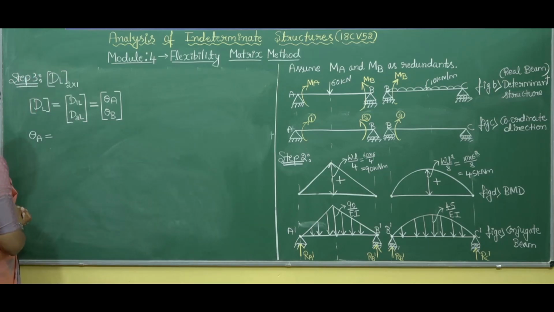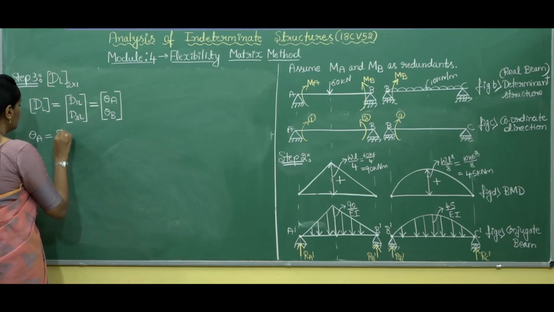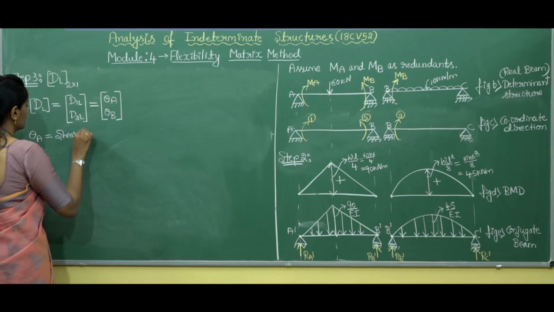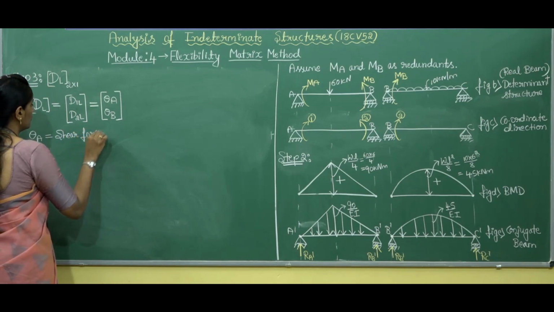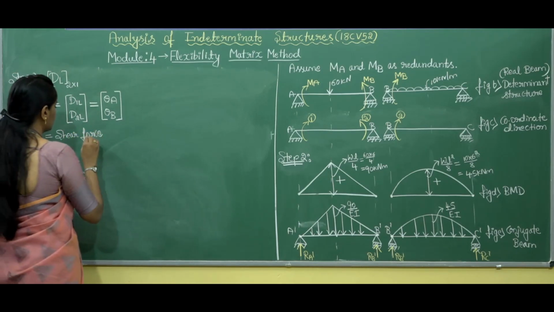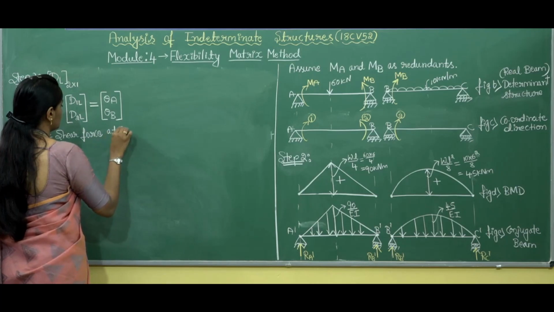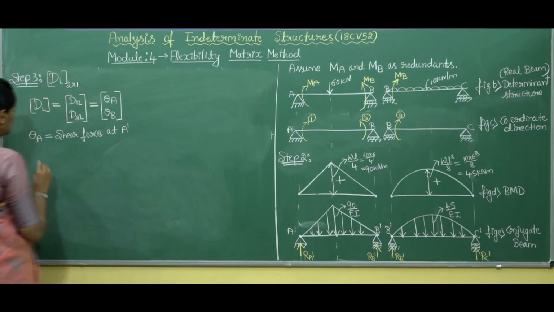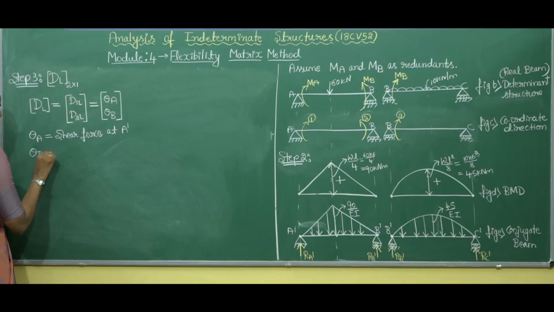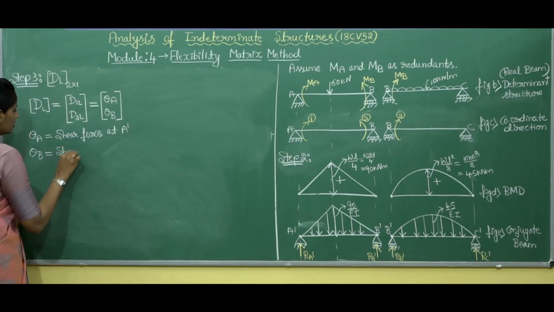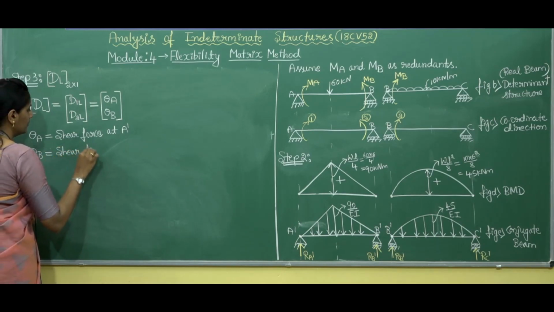By using those concepts, we shall now find theta A and theta B. From the conjugate beam concepts, theta A in the real beam equals the shear force in the conjugate beam, so shear force at A dash. Clear? And if you want theta B, you should find the shear force at B dash.